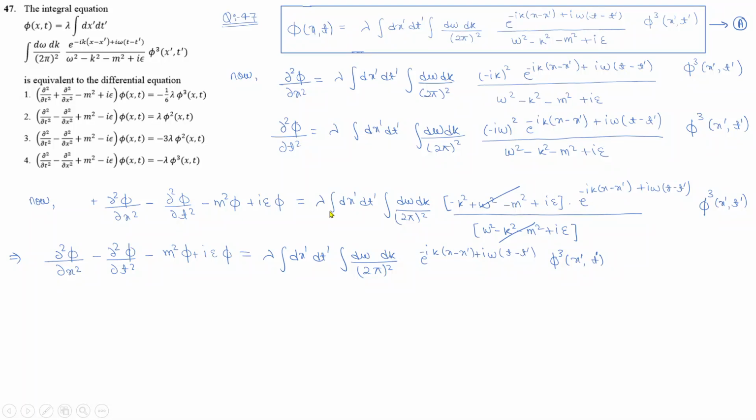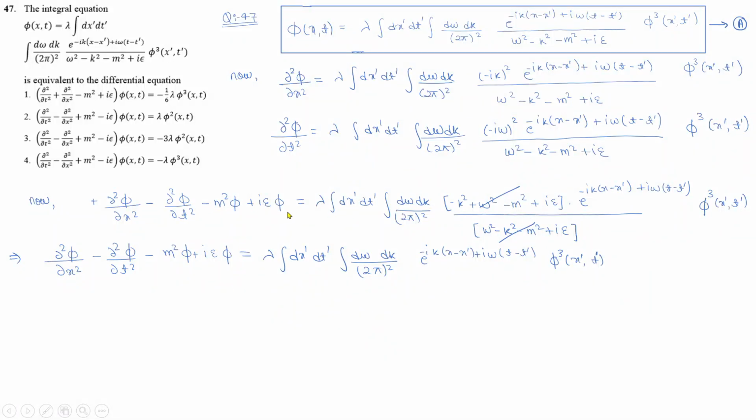So what we will do, we will take the combination such that, see, this del square phi with respect to x is giving me minus k square, and if I take it with respect to t, then I am getting minus omega square. But in the denominator, if you see here, omega is positive, so I will take a negative sign here, and then similarly minus m square plus iota epsilon here.